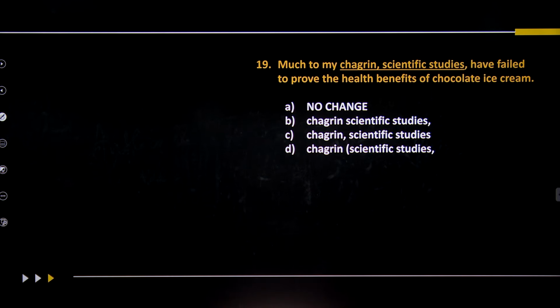Chagrin means annoyance or distress because something has failed. What is the answer here? Much to my chagrin, scientific studies have failed to prove the mental health benefits of chocolate ice cream.